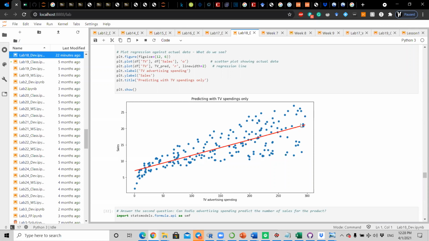Tell me this. Based on this graph, and this is a question for all of you, so think about it. If I tell you that I want to spend $50,000 on TV advertising, how much sales do you think I will have?